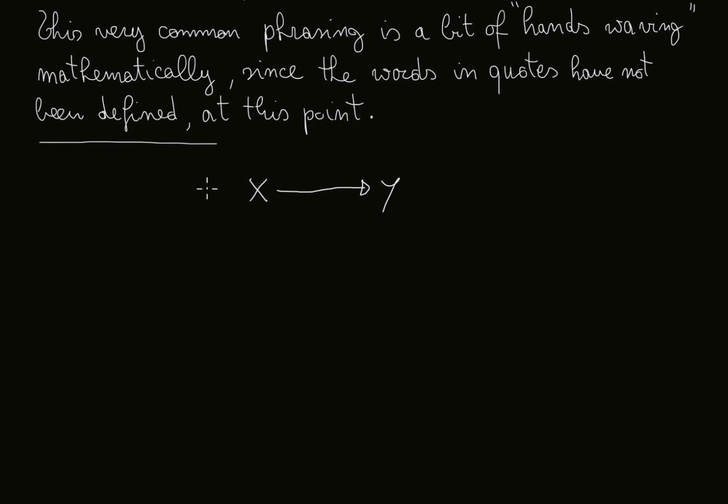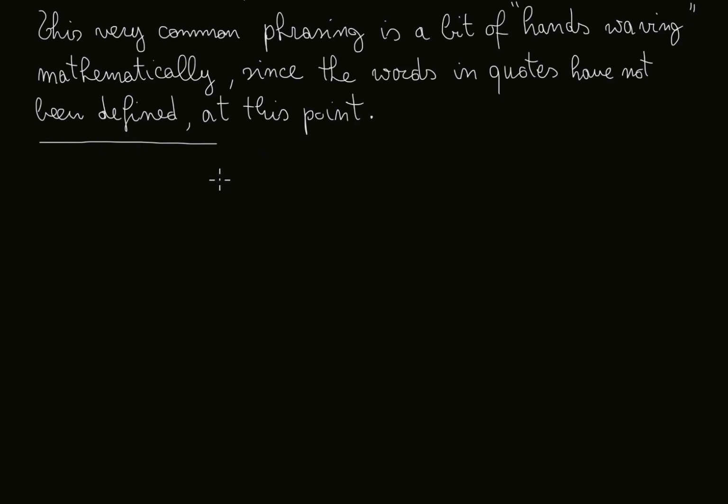In that case, we can write f here with the colon, or else we can write it up here over the arrow. This will indicate graphically that to each element of x, f will give a criteria to associate an element of y. Let's now give a formal mathematical definition of function.